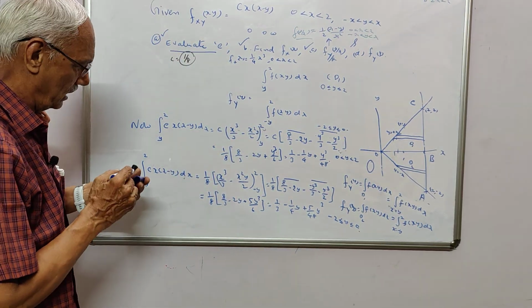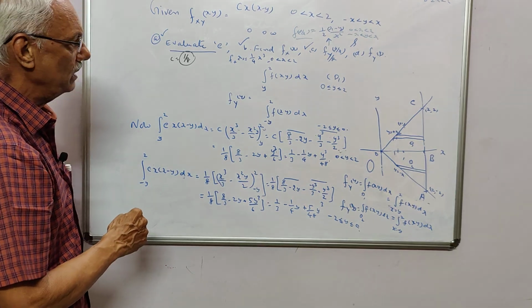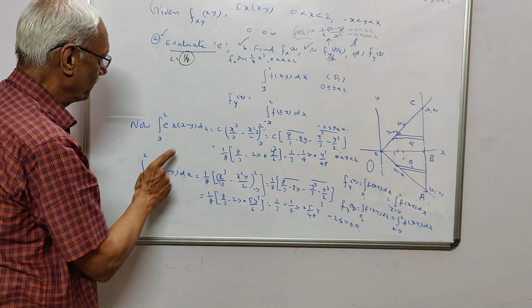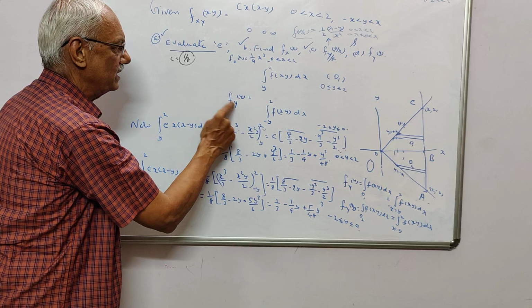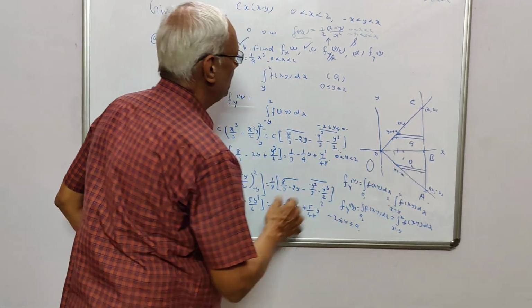So you have got two values for this f of y, that is the marginal density function of y, because it is defined in this interval and also in this interval.